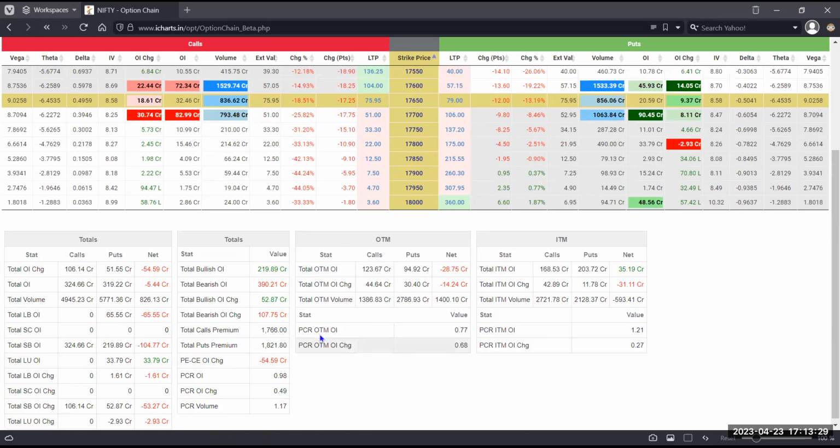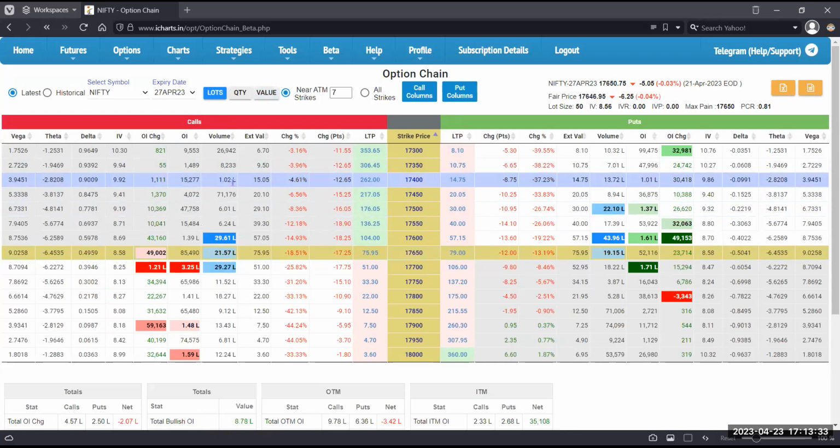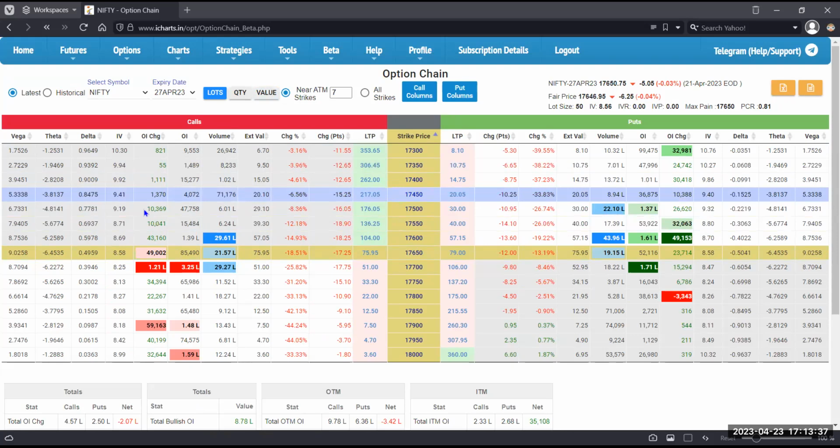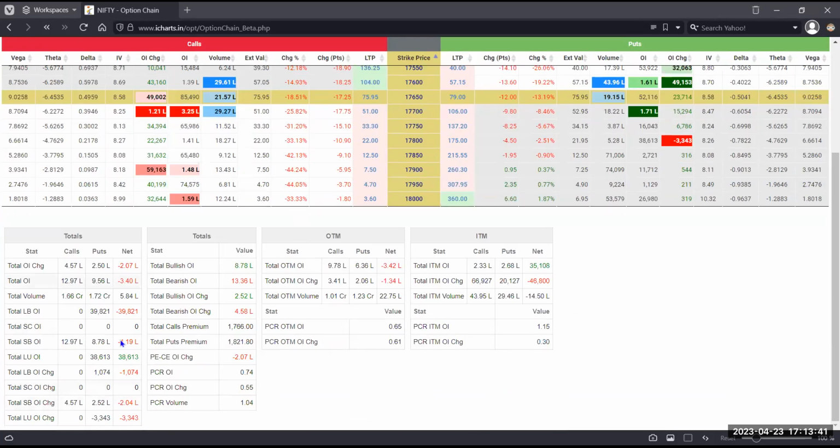So all that will get changed. If you have clicked lots, now everything over here is in terms of lots, like OI change. These are all lots, and even these are all going to be in terms of lots.